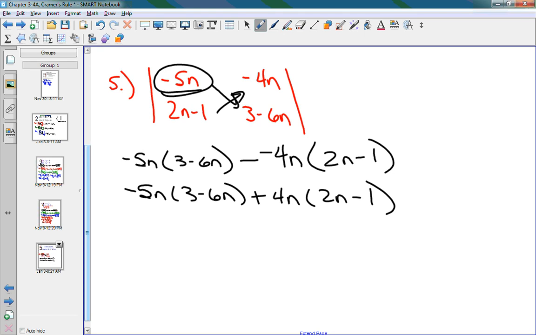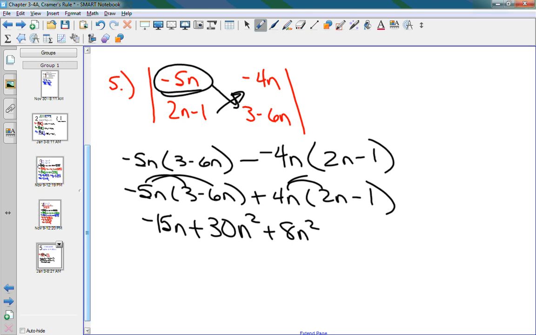Distribute. So negative 5n times 3 gives me negative 15n, very good. And what's negative 5n times negative 6n? Positive 30 what? N squared, very good. What's 4n times 2n? 8n squared. And what's 4n times negative 1? Negative 4n.